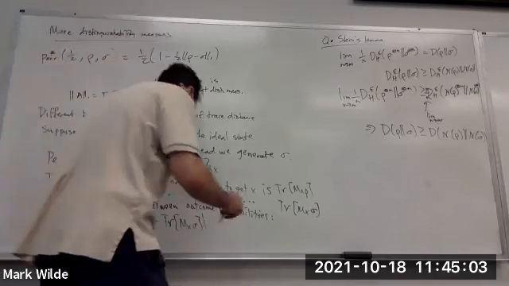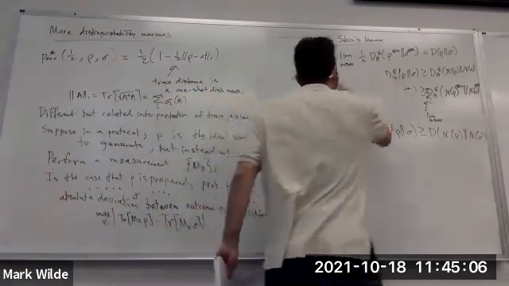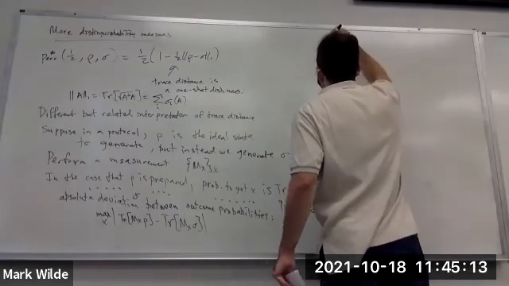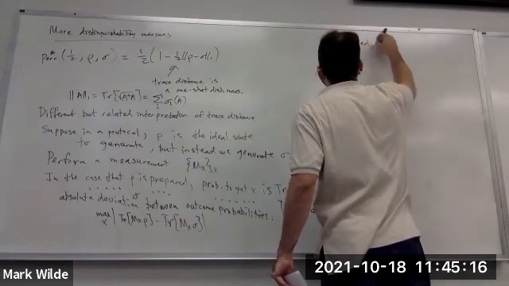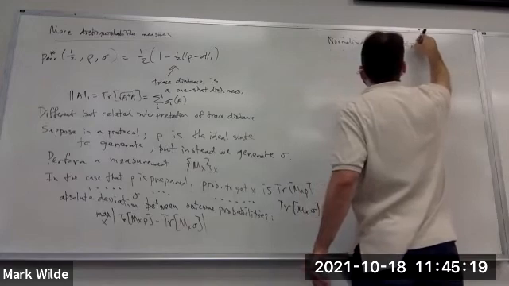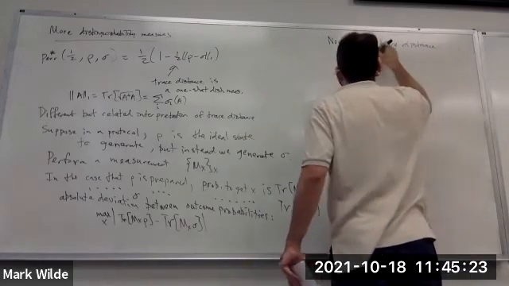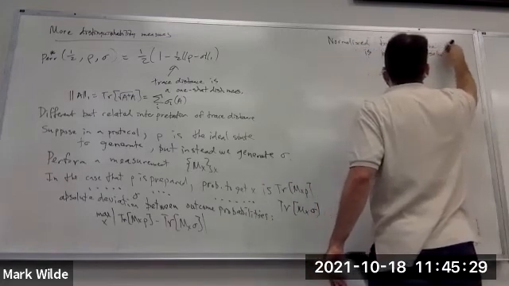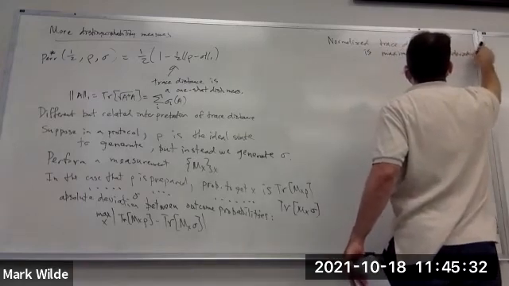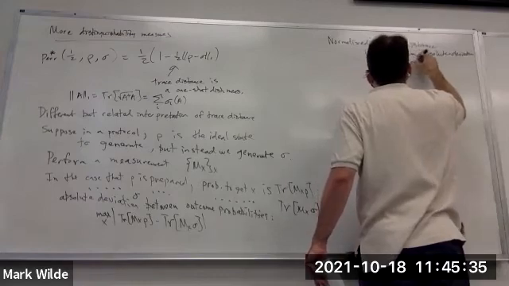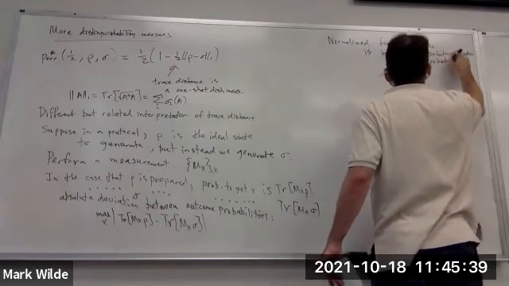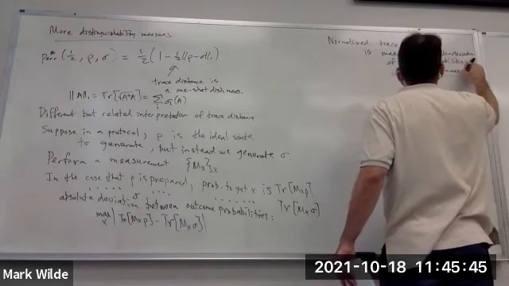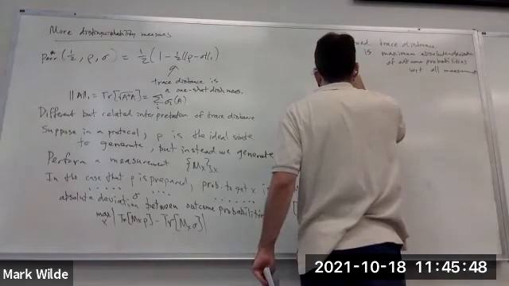And so the theorem that we get, or another interpretation of trace distance, is that this normalized trace distance is the maximum absolute deviation of outcome probabilities with respect to all possible measurements. So this is the statement.